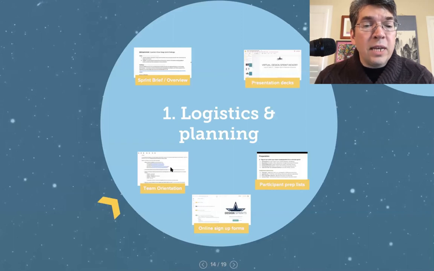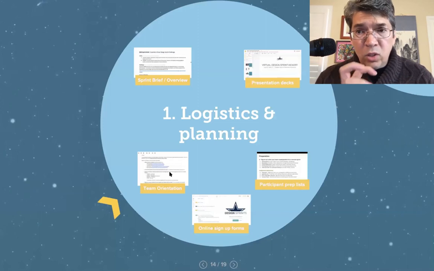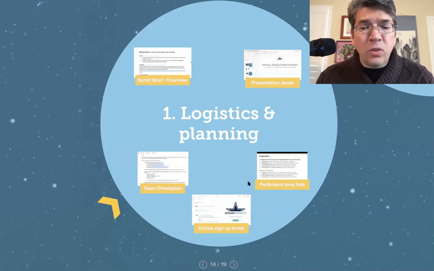And then team orientation. This can take a lot of different forms depending on your preferences. I tend to skew email, but now with this virtual sprint that I'm doing in April, I'm populating information in Facebook and in Slack and in email. And also I have an open calendar, which I'll get into in a second, that allows people to do one-on-ones with me in case they really want to get succinct around what they want to do with a virtual sprint and where they want to take things.